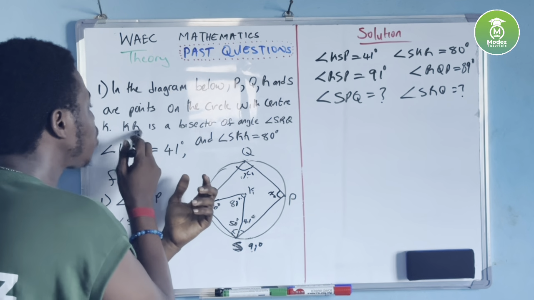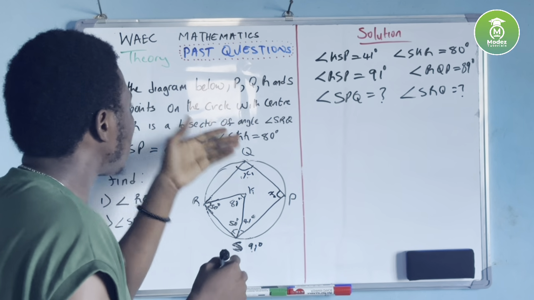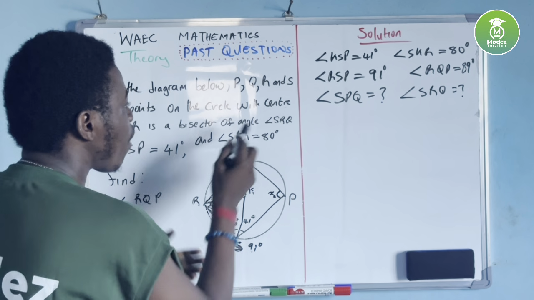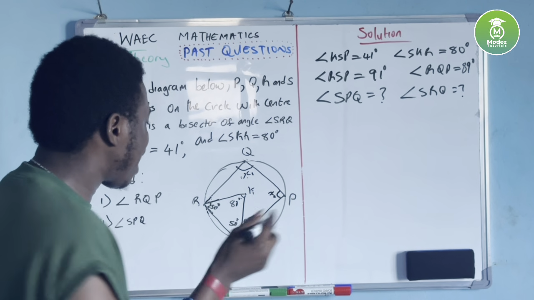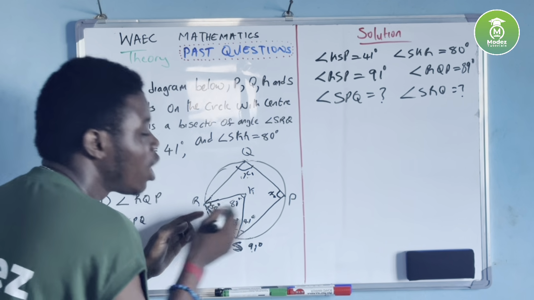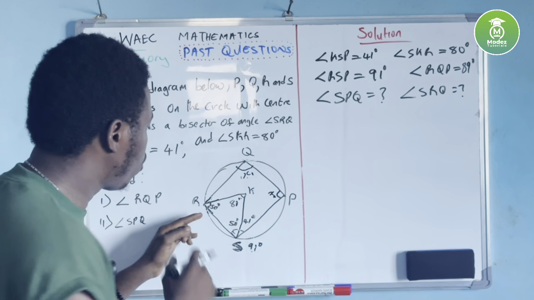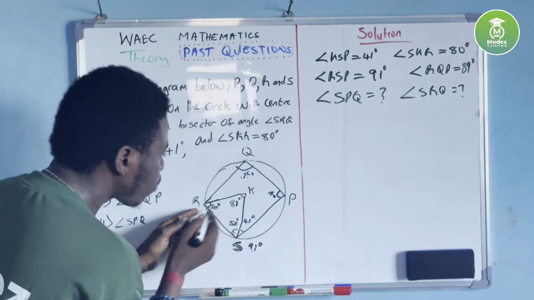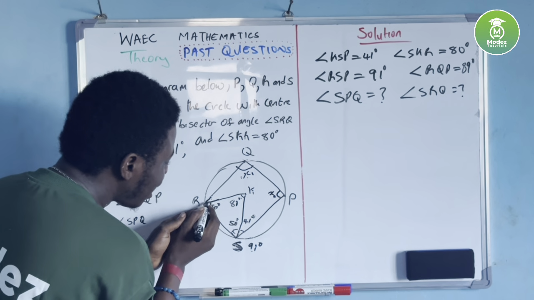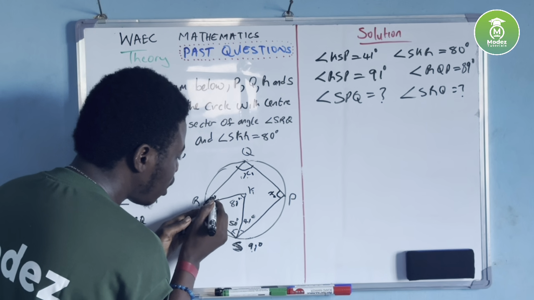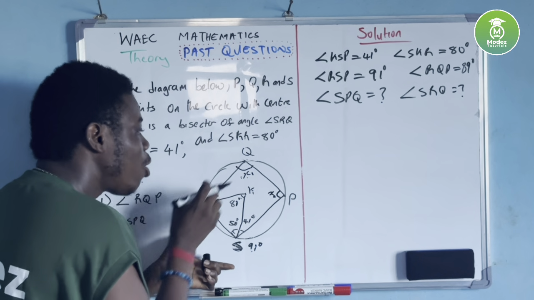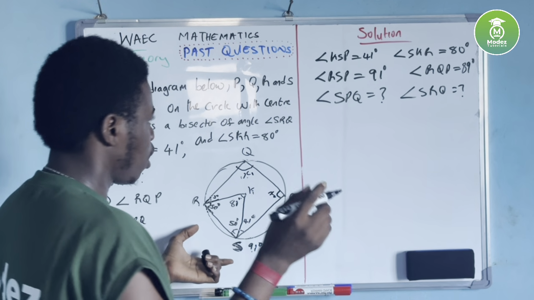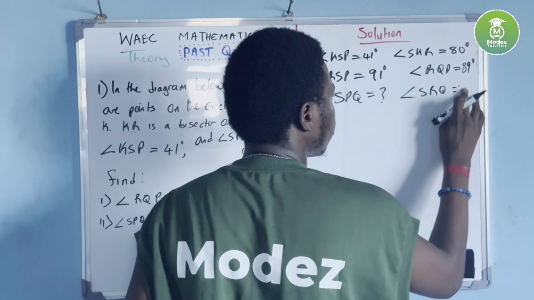Don't forget, in this question, they said KR is a bisector of angle SRQ. It is a bisector, which means that it divides this particular angle into two perfect equal halves, making what? Making this angle also 50 degrees, which means that the total angle SRQ is what? 100 degrees.